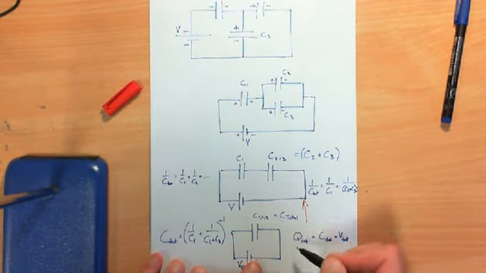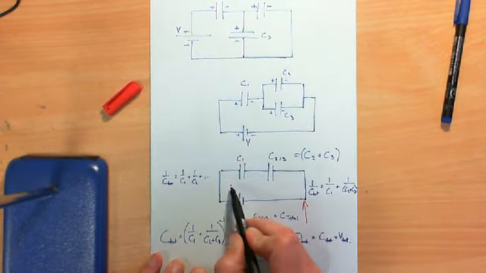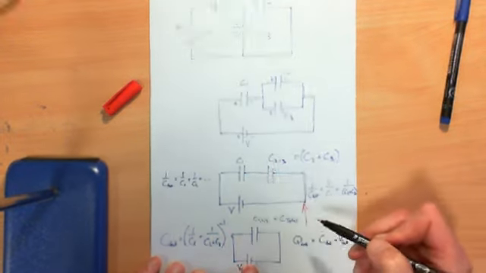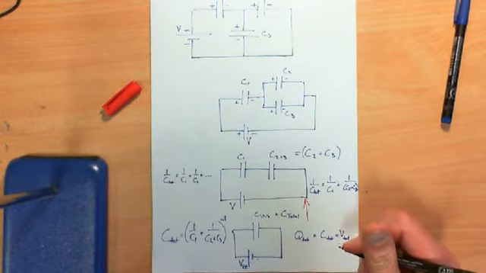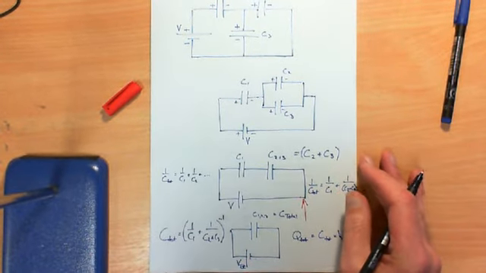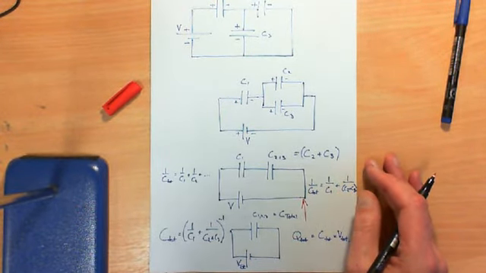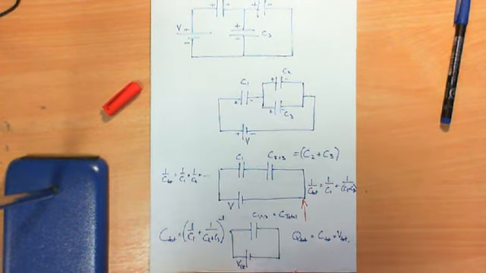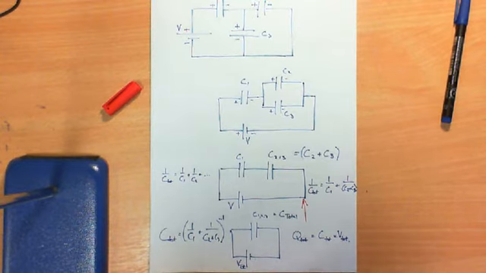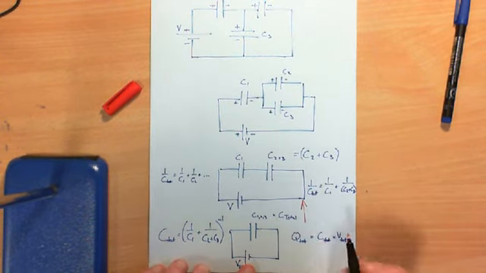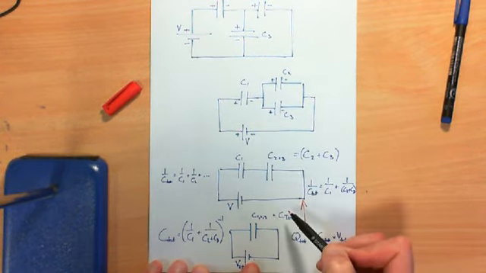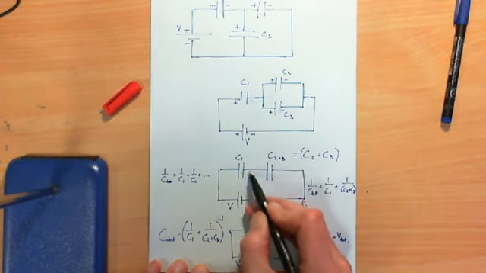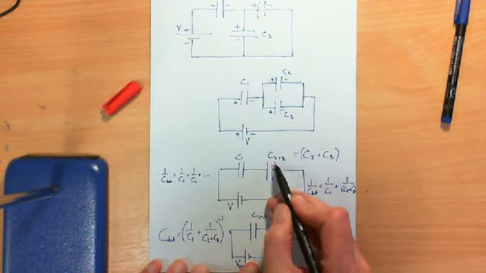Now I know the total charge, QT, in other words I know the total charge on these two series capacitors. And this is where I have to remember my important facts. Remember we said about series capacitors, the voltage is shared between them, if you like, but the charge, where I have series capacitors, the total charge is equal to the charge on this capacitor, which is equal to the charge on this capacitor.